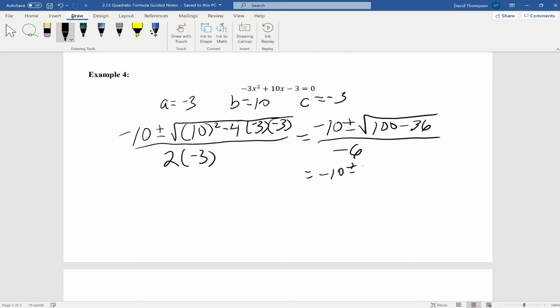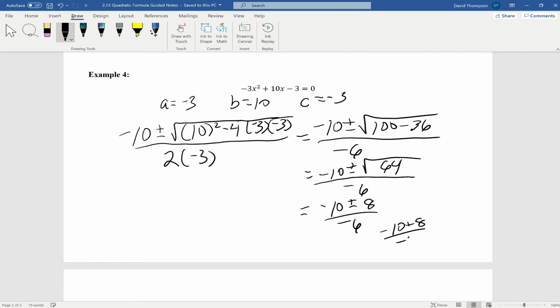Negative 10 plus or minus the square root of 100 minus 36, which is 64, all over negative 6. The square root of 64 is 8. So we're going to have negative 10 plus or minus 8 all over negative 6. So we'll have negative 10 plus 8 all over negative 6, or negative 10 minus 8 all over negative 6.